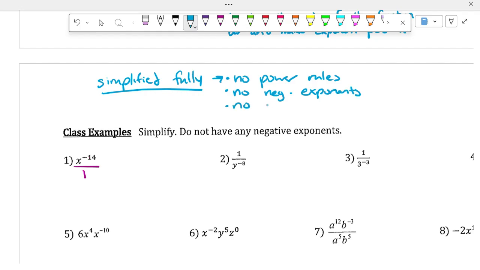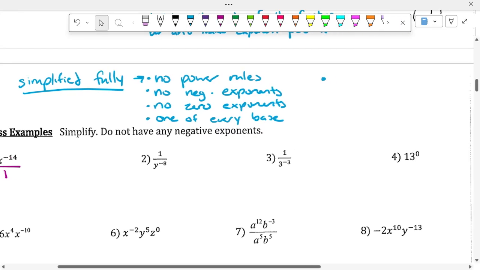I have no 0 exponents. I only have 1 of every base. And any numerical fractions are simplified.